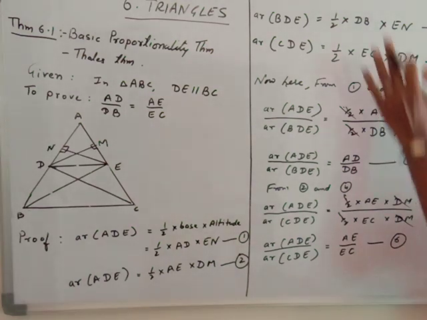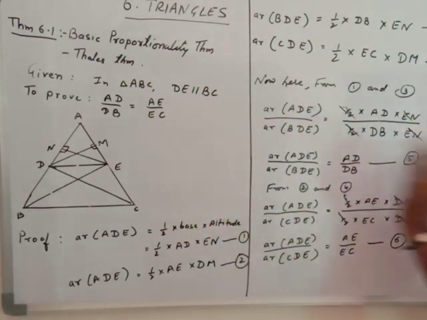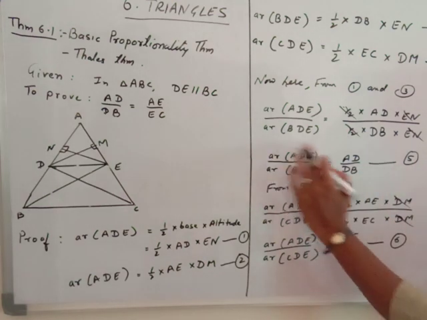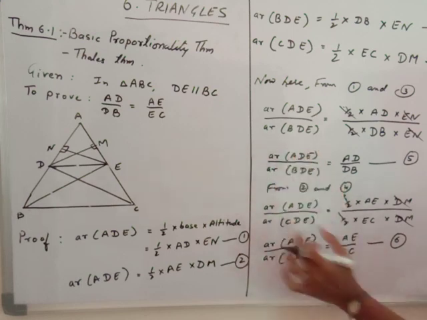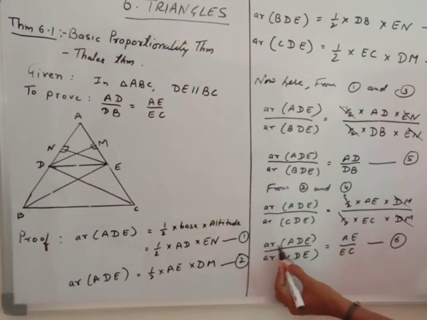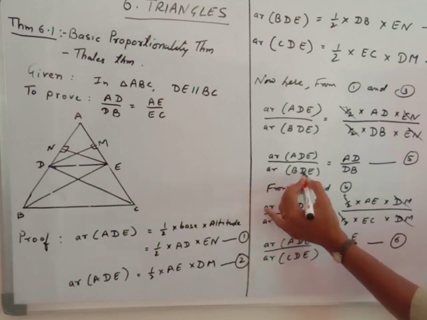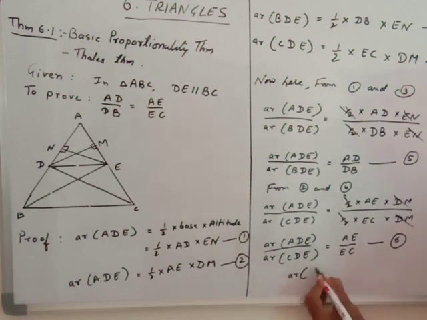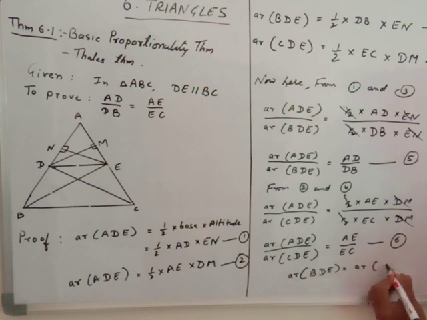Now you see, the work of 1, 2, 3, 4 is over. Now we will focus on only the 5th and 6th. You see here, I have to prove this is equal to this. It is possible if and only if I prove that the right hand side is the same. See here, area of ADE, but here area of BDE. But here it is area of CDE. But we know that area of BDE is equal to area of CDE. Why?